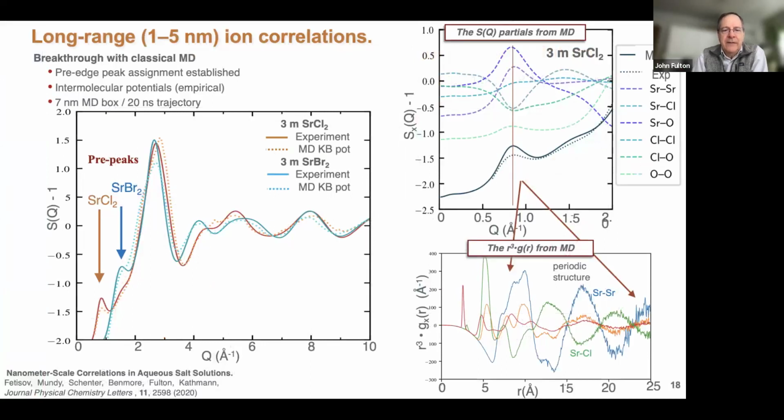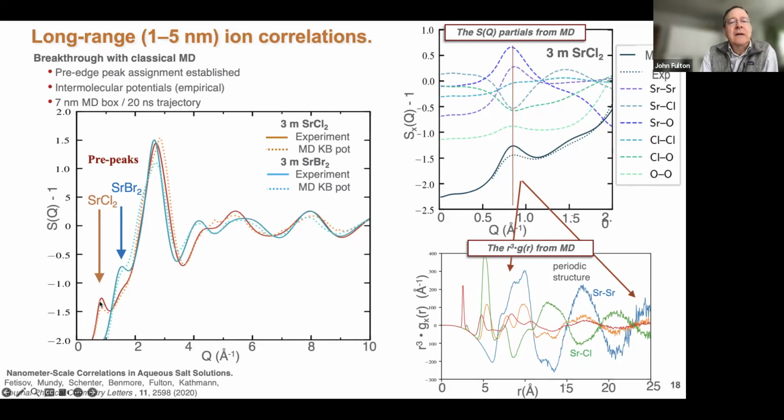Another advance here is using molecular simulations to understand the source of these pre-peaks. This is a study by our theory group where they used classical molecular dynamics to predict the small angle X-ray spectra for 3 molar strontium chloride.